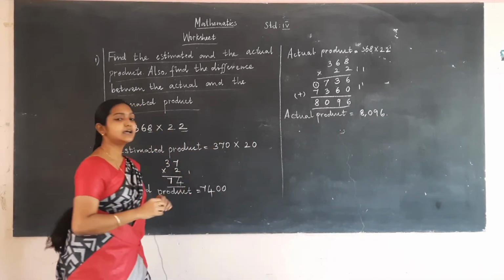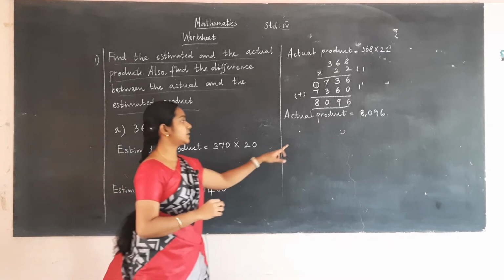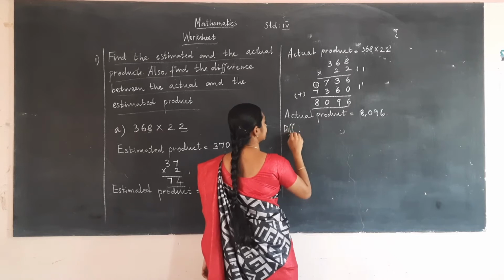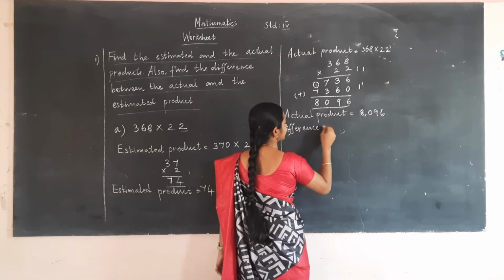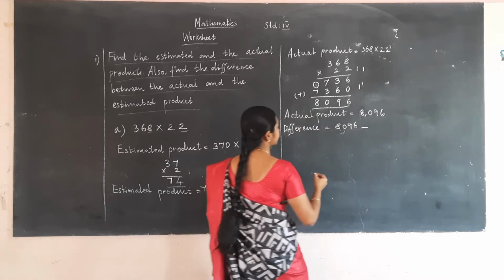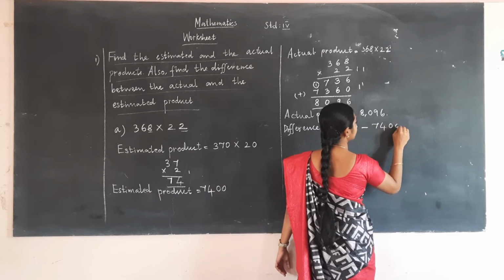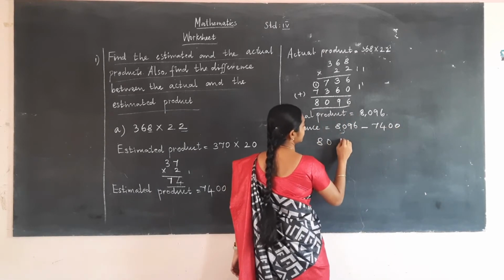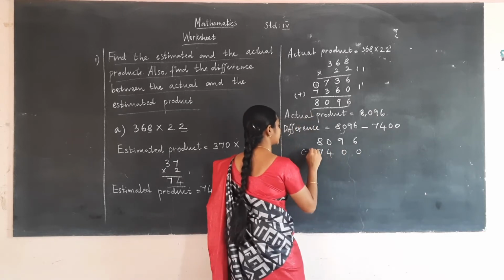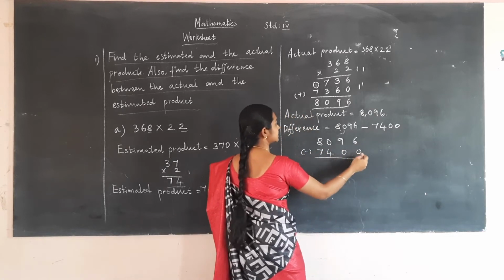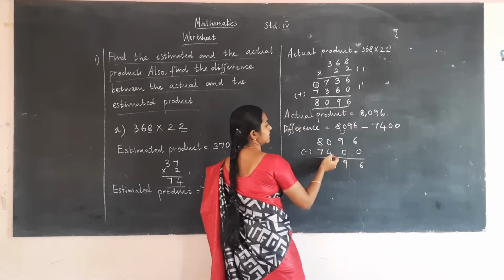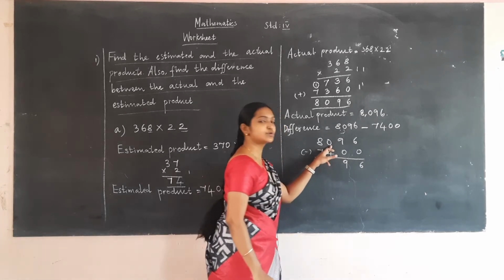We have to find the difference between actual product and estimated product. Six minus 0 is 6, 9 minus 0 is 9, 4 is greater than 0, so we cannot subtract.